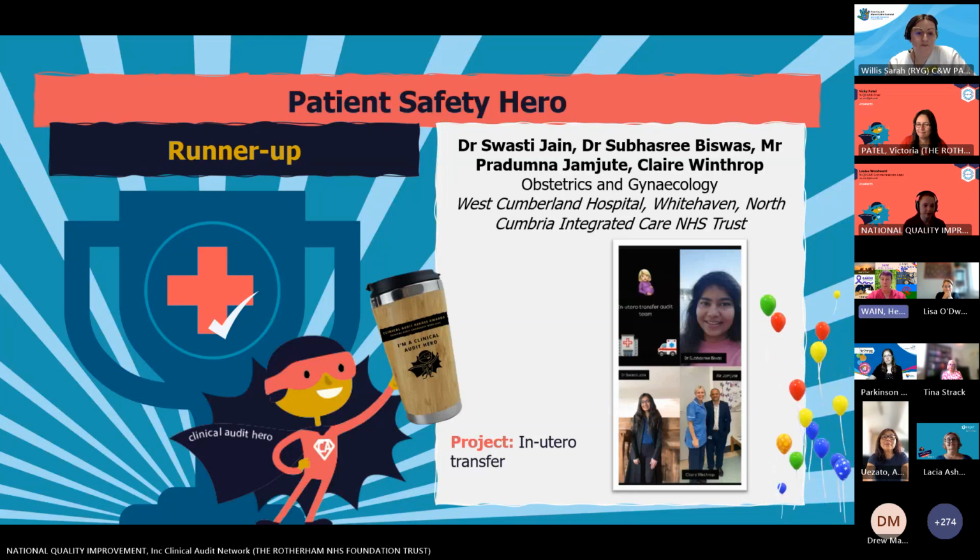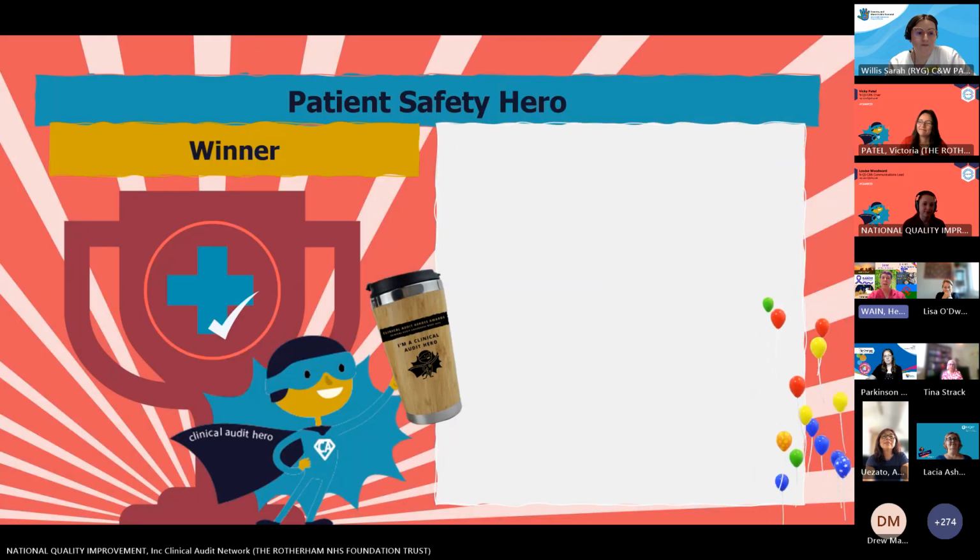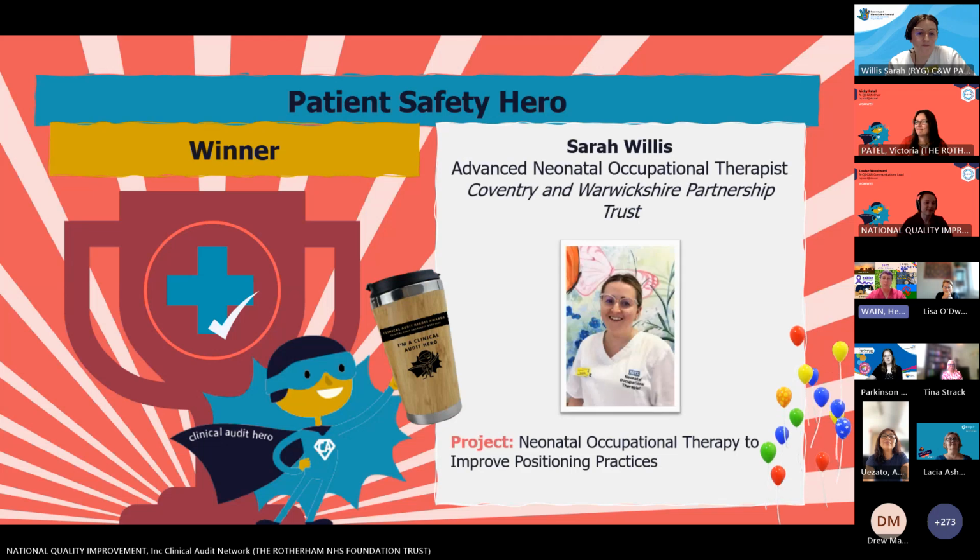And finally, but not least in any way, shape or form, we'd like to move on to the winner. So the winner here is Sarah, and the judges' comments were it was a really well-written project with clear indication as to why you did the project, and the importance to an involvement with parents was really very, very strong.